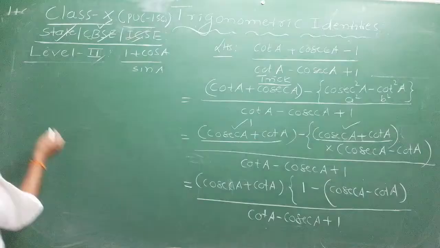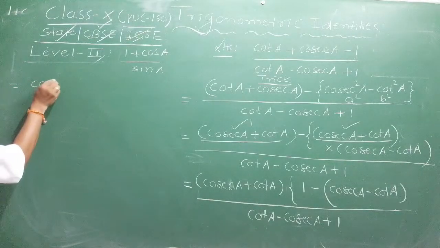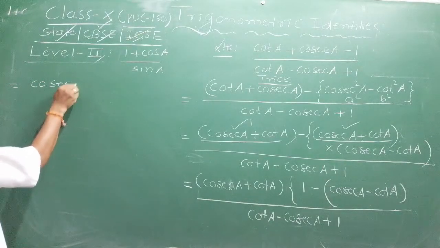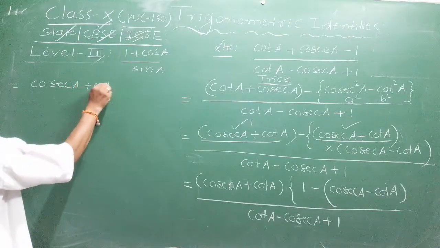Remove the bracket. What you get is cosec a plus cot a in the numerator.